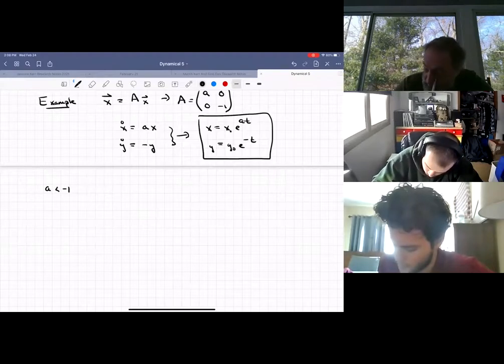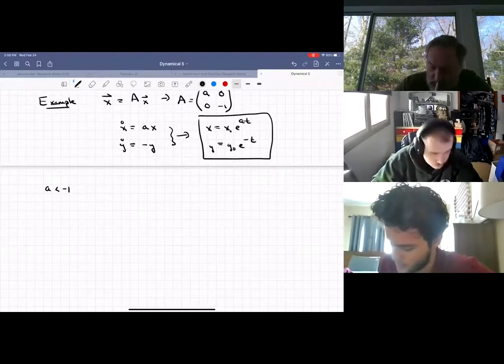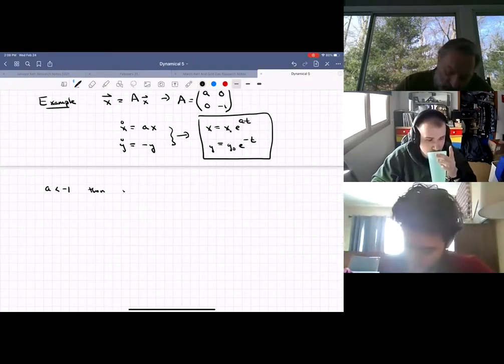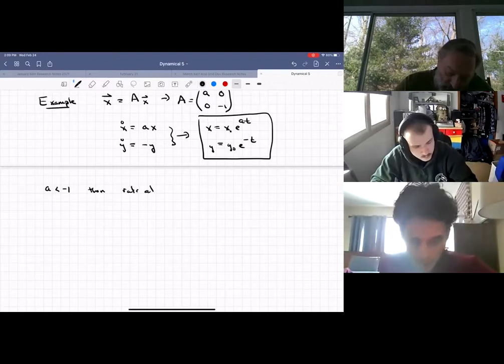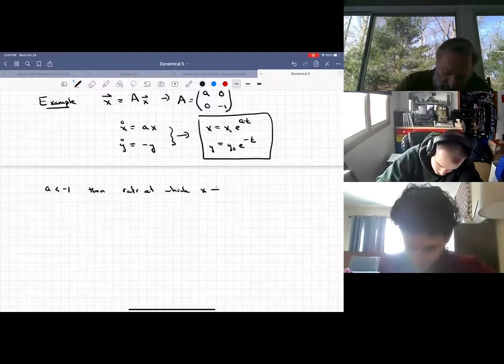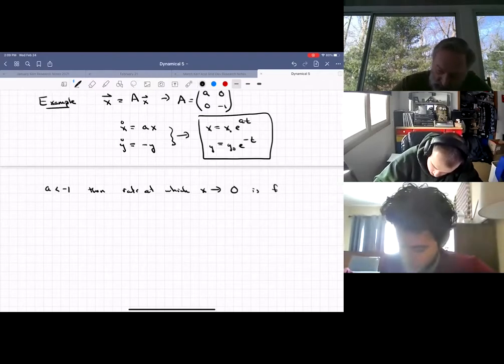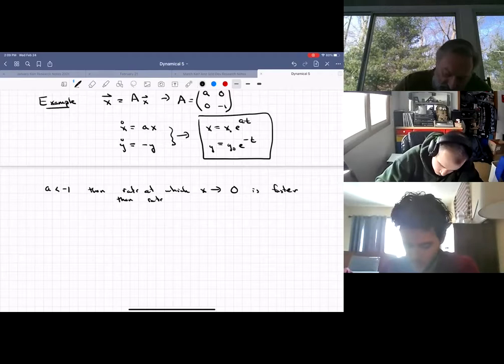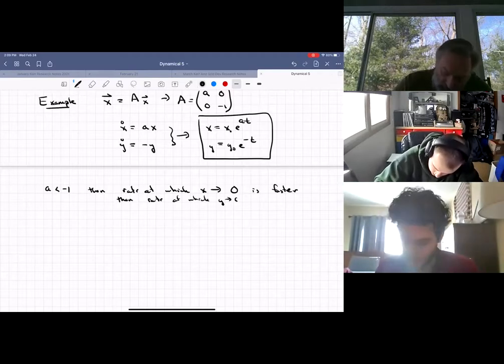If A is less than -1, then the rate at which the x value is going to 0 is faster than the rate at which y is going to 0.